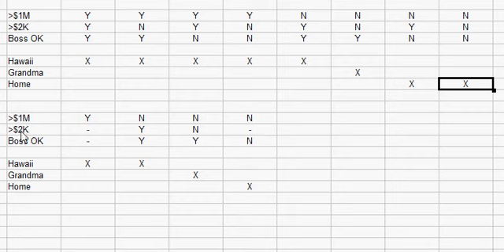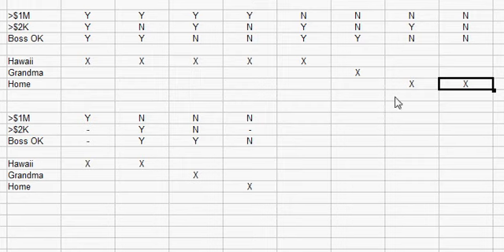If this condition is no or false, and if this condition is no or false, then it doesn't matter what this one is. We're going to stay home. If we don't have over $1 million, and if our boss says no, it's not okay for us to go, we're staying home. So this is the fully simplified version of this limited entry decision table.